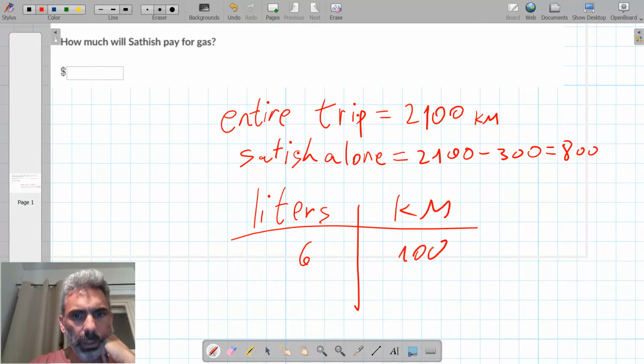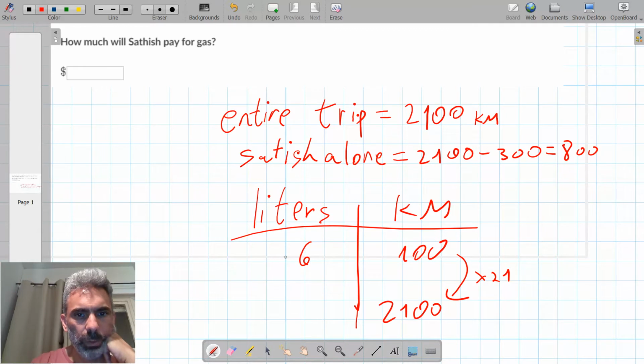Six liters for 100 kilometers. If I need to go from 100 to 2100, I multiply by 21. So to go from 6 to the number of liters that the car consumes for the entire trip, I need to multiply 6 by 21.